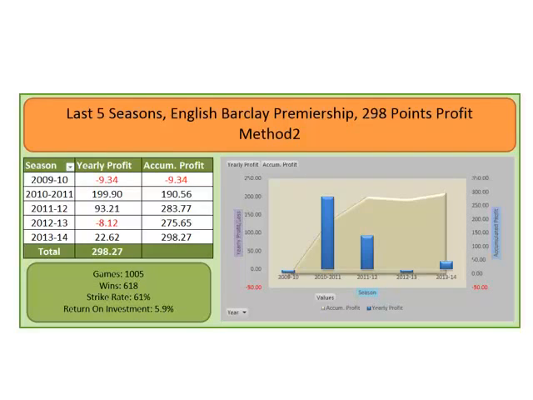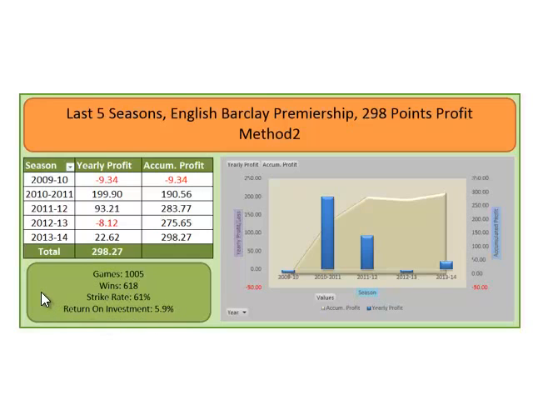Now if we look at Method 2 with the Barclay Premiership, we can see it's just a fraction under what we made in the last one. We had a 61% strike rate, and return on investment was 5.9%.